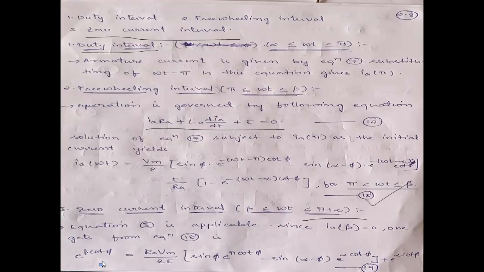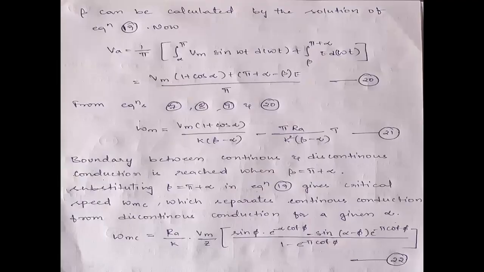Now the solution of equation 19 is Va is equal to 1 by pi, taking 1 by pi common for both the fractions. The first limit is from alpha to pi, and the second one is from beta to pi plus alpha.